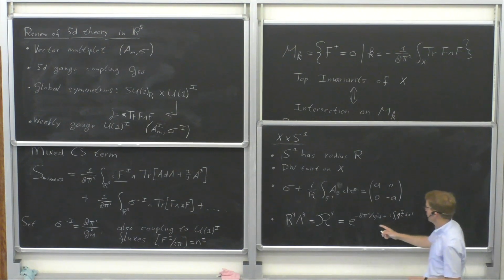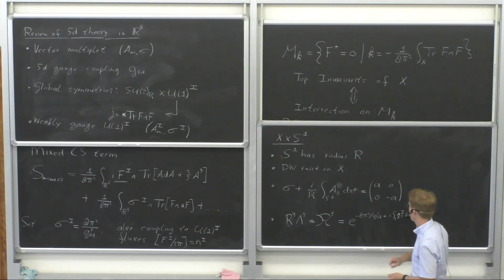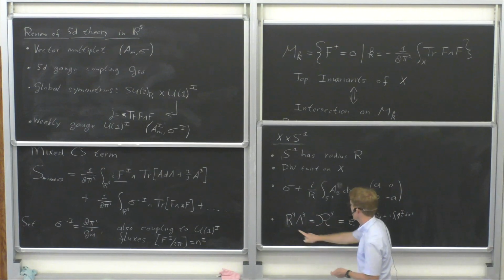Okay, so we have a 4D limit where we keep lambda fixed and send R to 0. Then this curly R will go to 0.